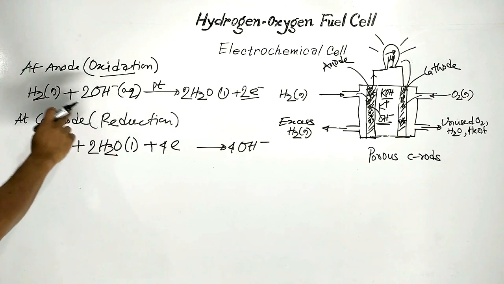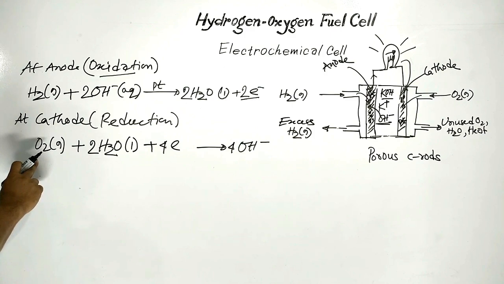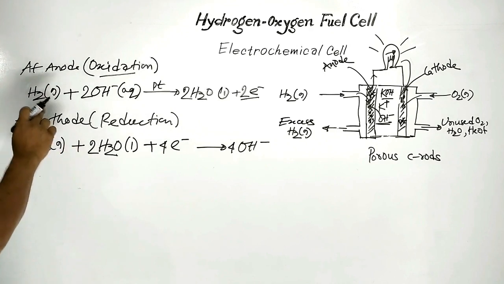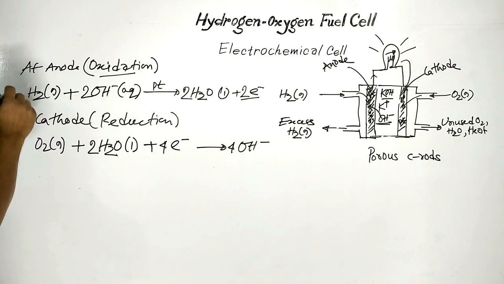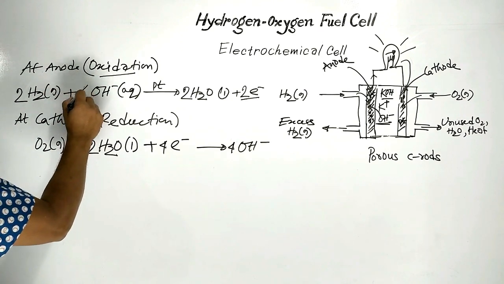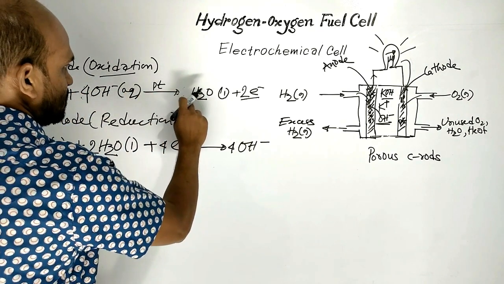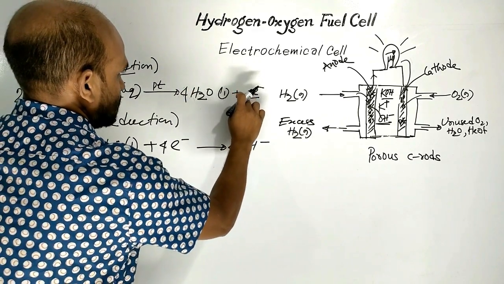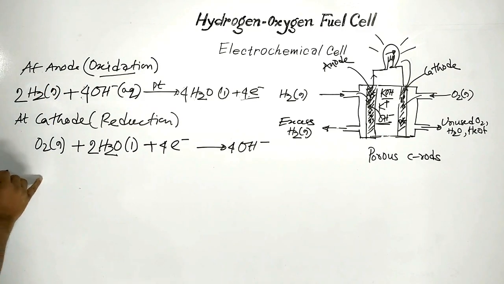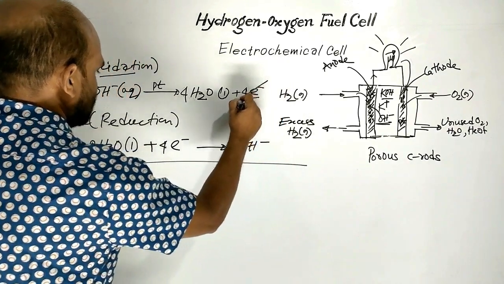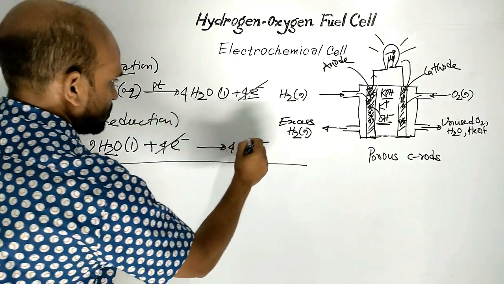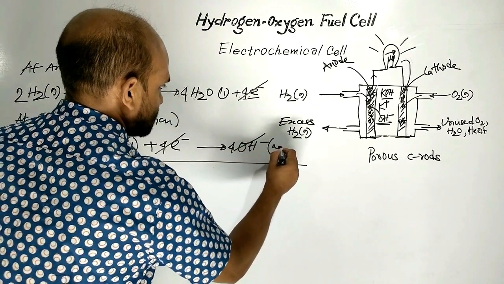Now, let us add these two reactions. To equalize number of electrons in both the reactions, reaction at anode is multiplied by 2. Then here 4, here 4 electrons. If we add these two reactions, then 4 electrons will cancel, 4 hydroxide ions will cancel.